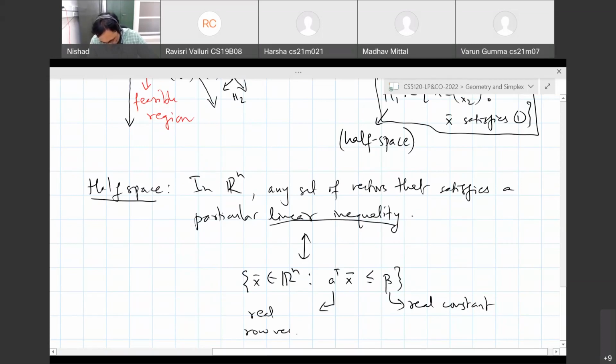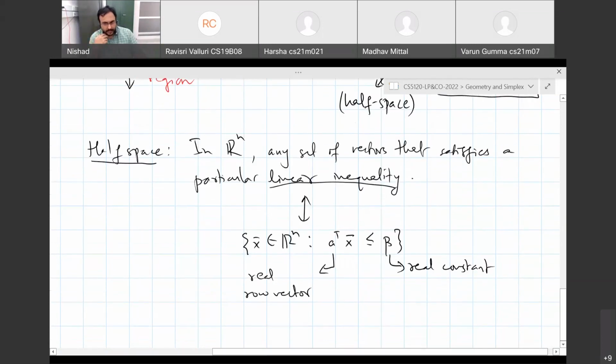Remember, our x bars are always going to be column vectors, and for the row vectors we are going to use transpose. That's just a notational convenience. So that's basically what a half space is.